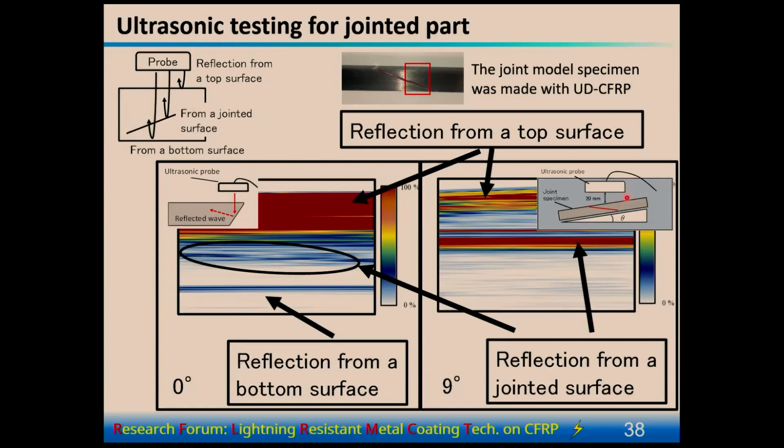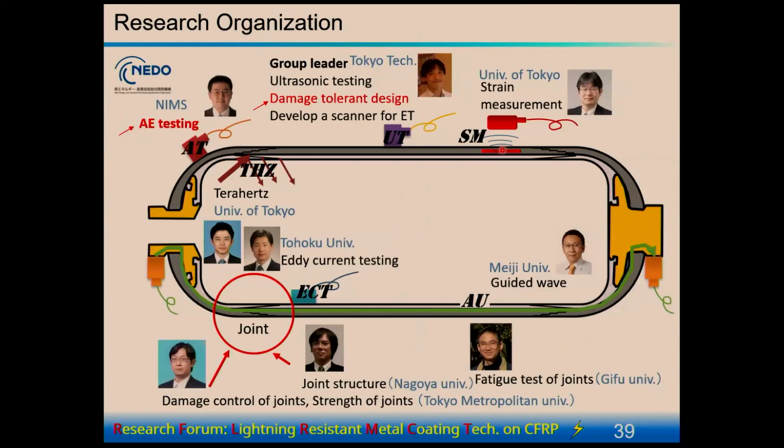If we change the incident angle like this, then as you can see, we get a large reflection from the joint, and the reflection from the bottom disappears. So we found that if we incline the angle, we can check the bonding areas.